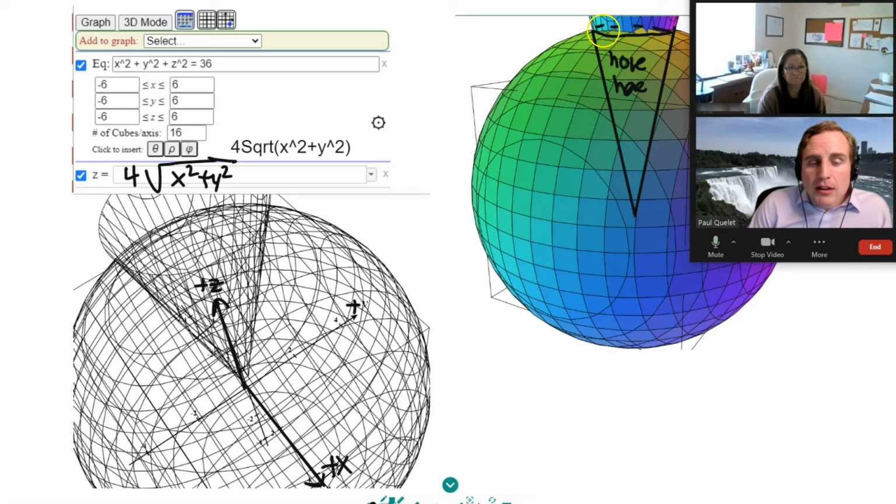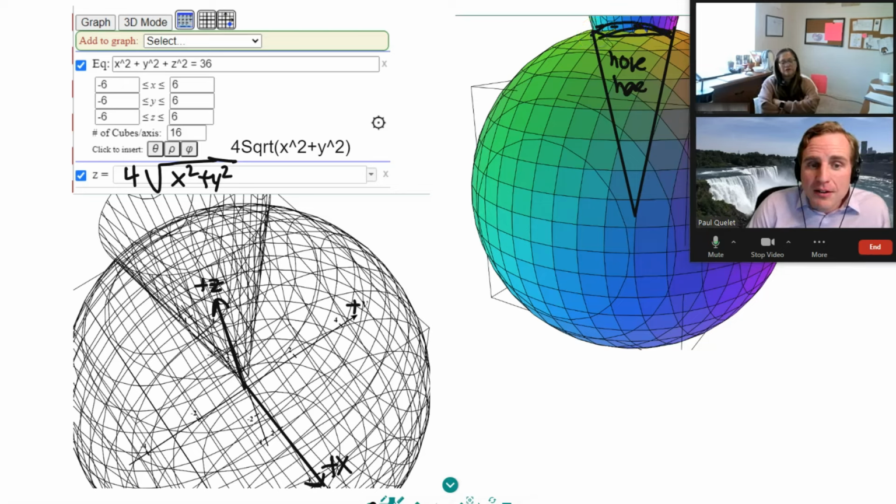And by the way, here's what a lot of people have said to me: Professor Culette, can't you just take the volume of a sphere and then subtract the volume of a cone? That won't work. The reason that won't work is because the top here is also curved.